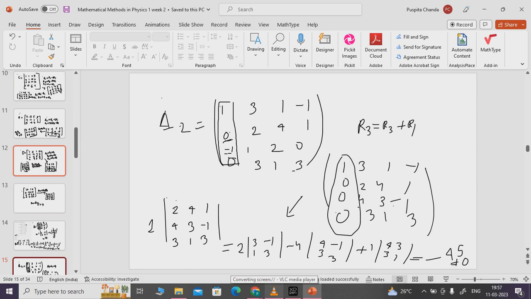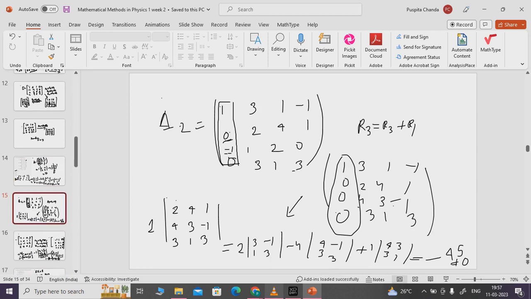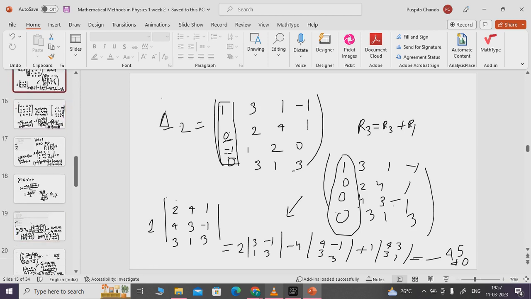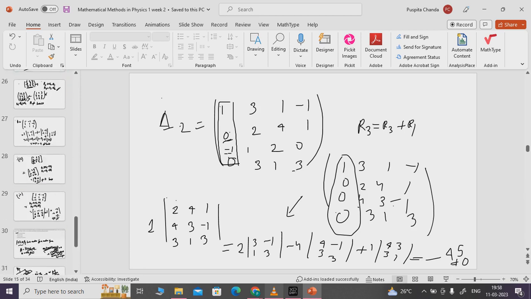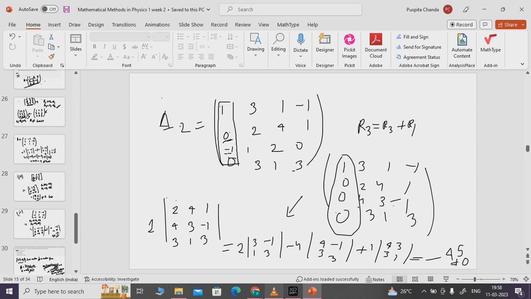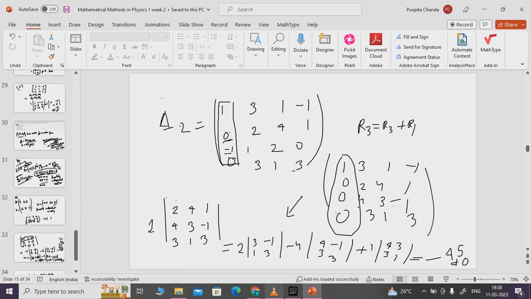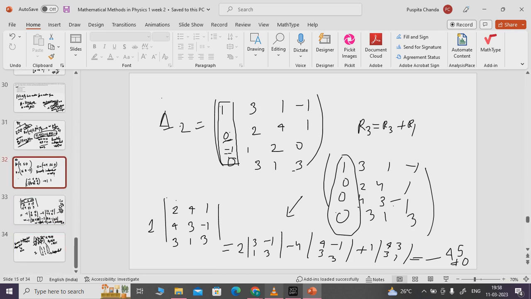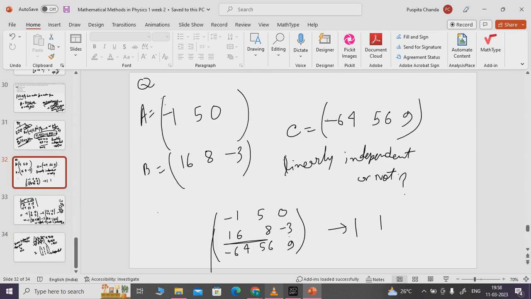In your 11-12 level mathematics, matrix and determinant problems, you have also seen alpha plus beta, alpha 1 plus beta 1, this kind of thing. There you know that you have to do something like that. In those things also, if you follow the procedure and simply expand the determinant, if you do the correct mathematics, it will give you the same value.